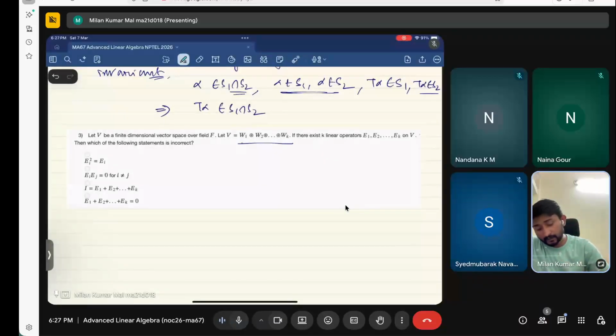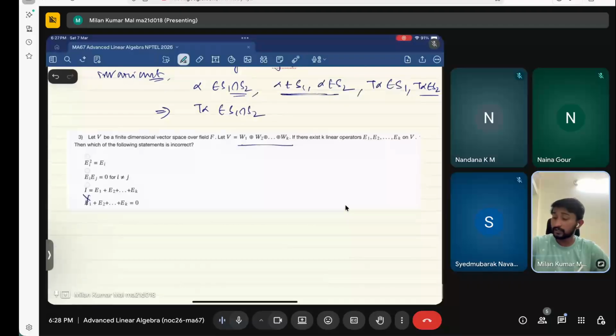Yeah, this is the incorrect option, but it seems to me that the question is a little incomplete. So let me write it correctly.